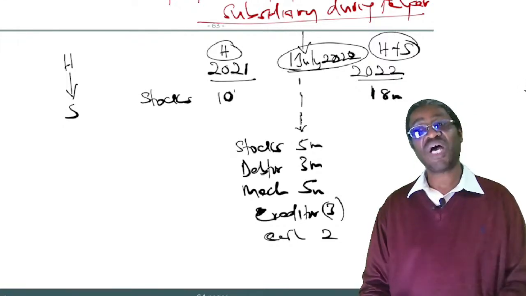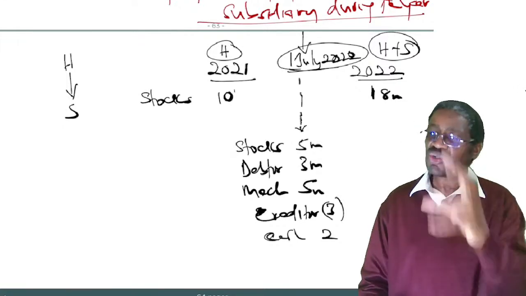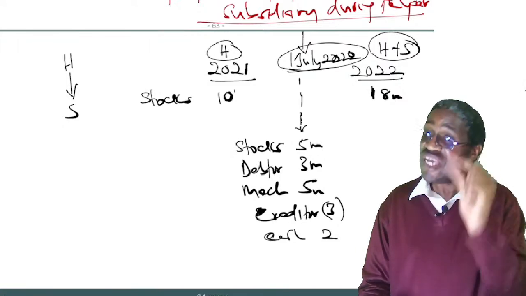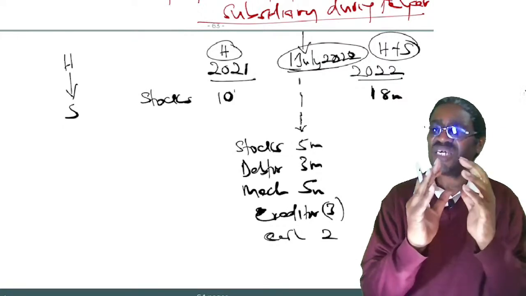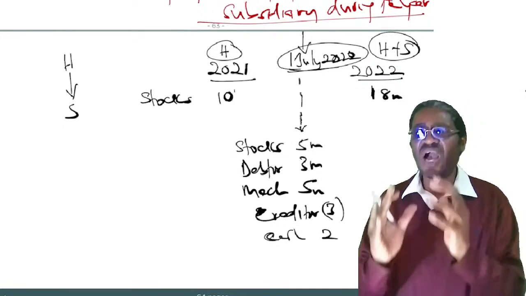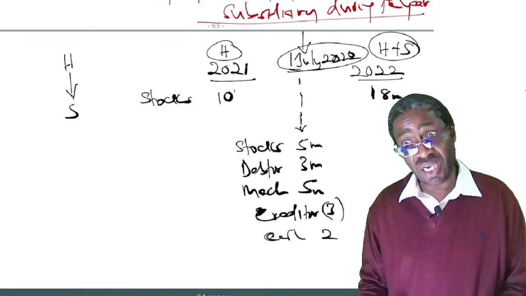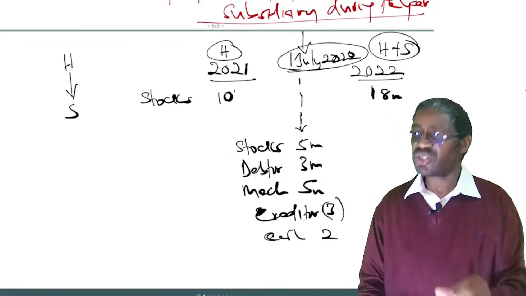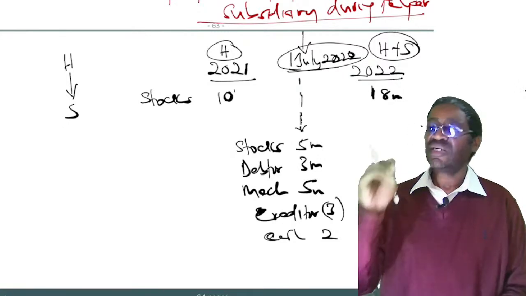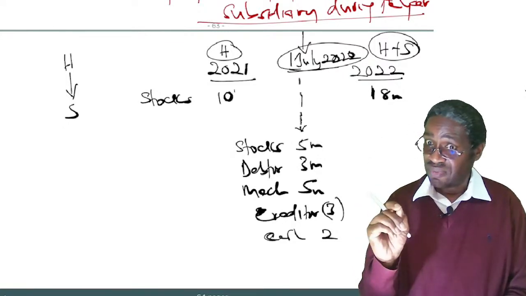This year, the stocks are 18. So our stocks must have increased by 8 million. That is, if we did not acquire a subsidiary company during the year.